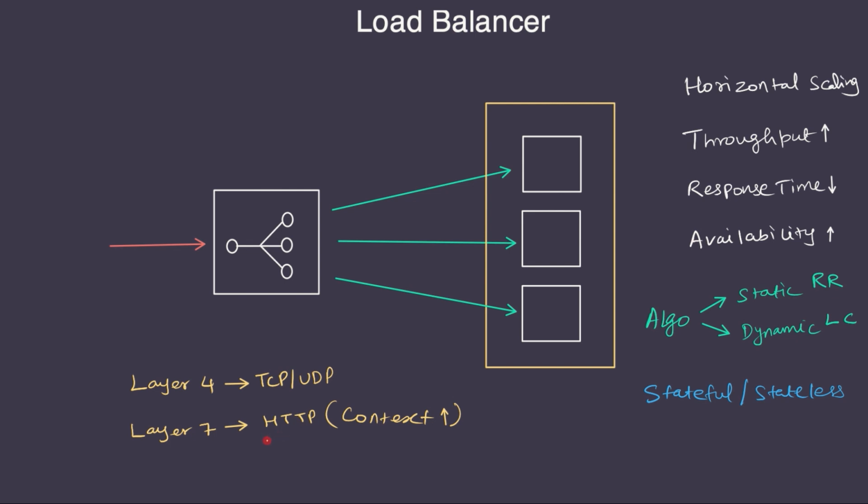So operating at layer 7 is going to give us much more control and contextual information, but it is going to be slower compared to layer 4 because we are working at the HTTP level. On the other hand, with layer 4, we are working at lower level protocols like TCP or UDP. So the decision of where to put your load balancer purely depends on your use case.